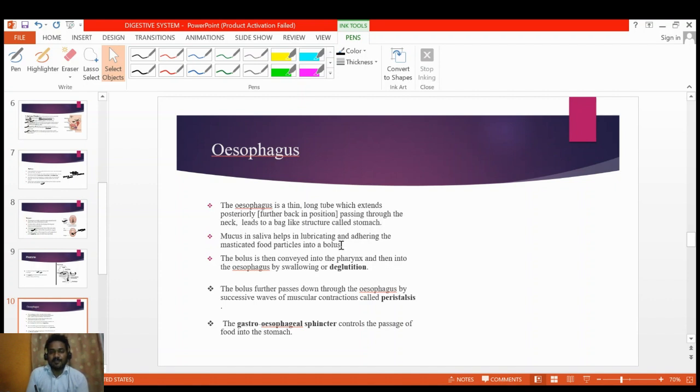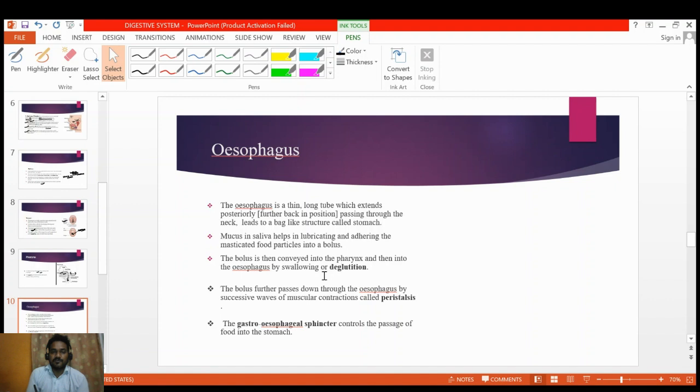It's a wavy movement of the muscles of the alimentary canal by which the food is passed slowly through the esophagus. As the food enters the stomach, there is a sphincter, or a lid, which guards the entry of the stomach, that is the gastroesophageal sphincter.